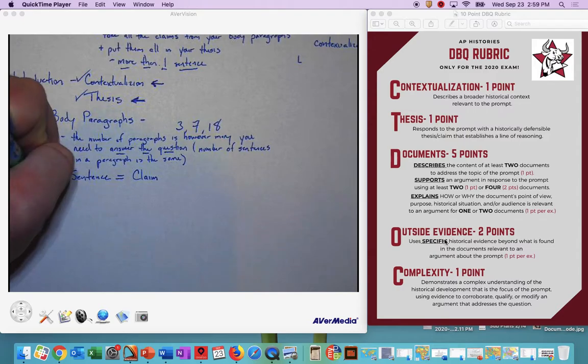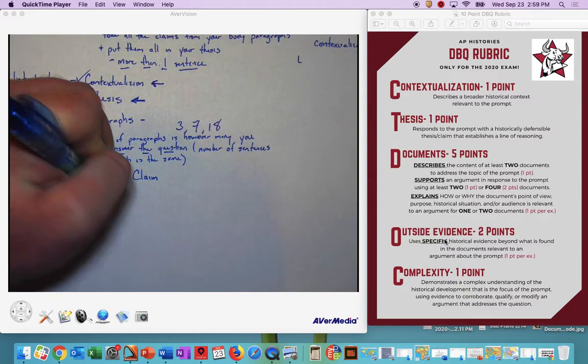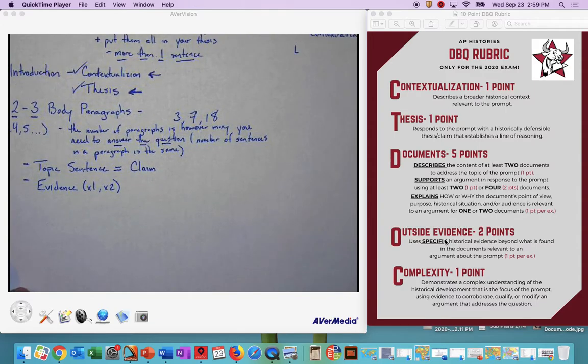Then you're going to give me a piece of evidence, maybe 2, depending on how confident you feel about it. Maybe 1 piece of evidence, maybe 2 pieces of evidence.